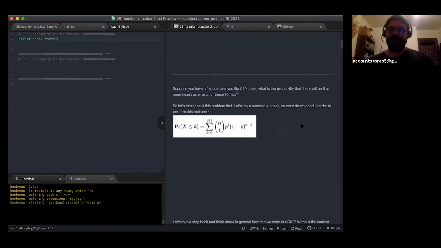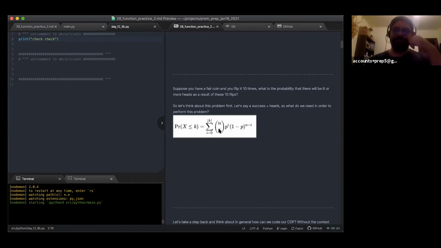So what do we need in order to perform this problem? So we can read through this. We've got a few elements in here that are sort of easy to translate into code, right? What do you think of when you see a sigma?